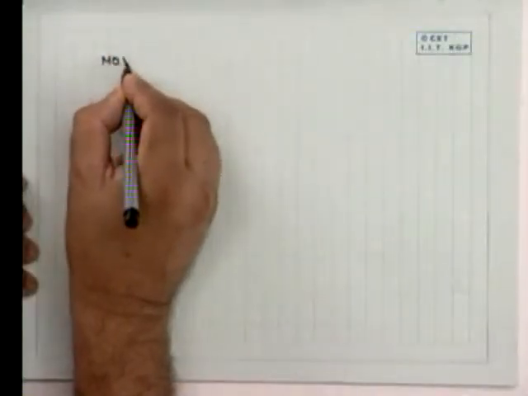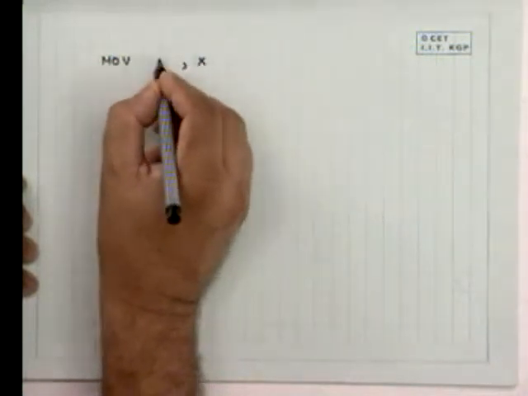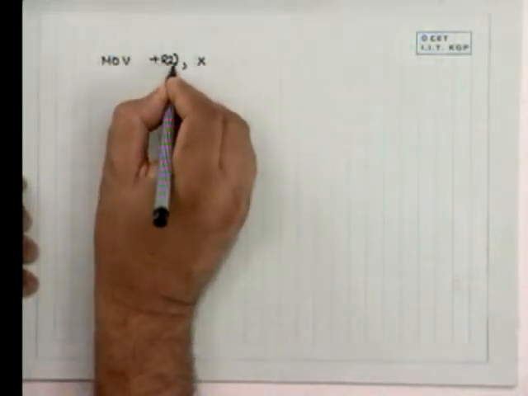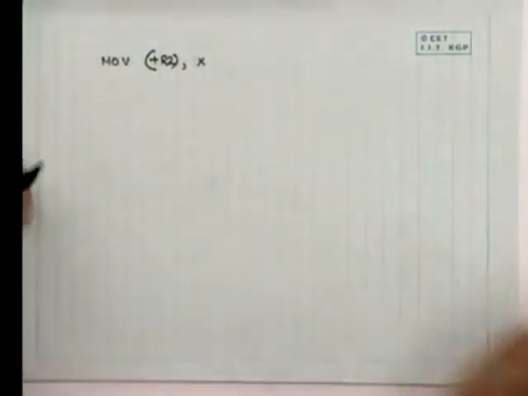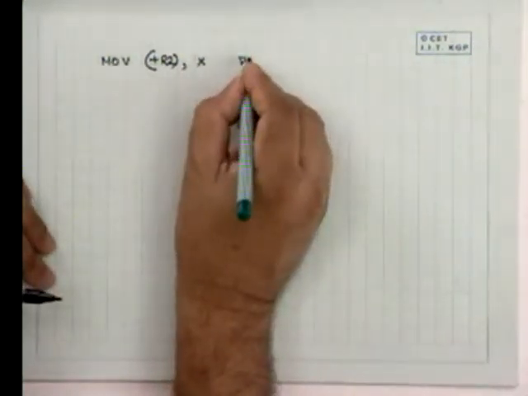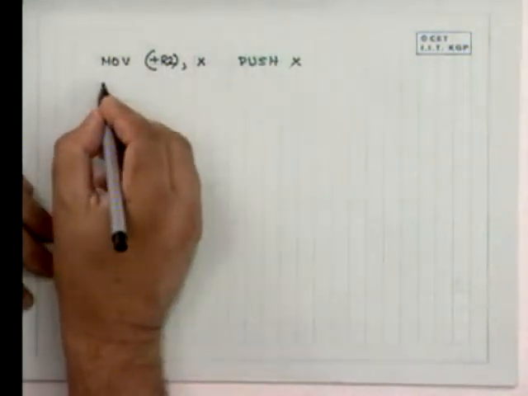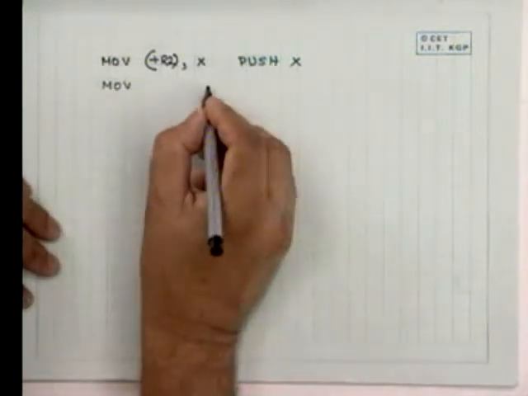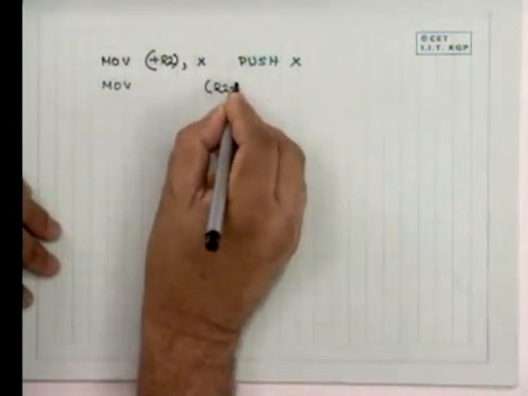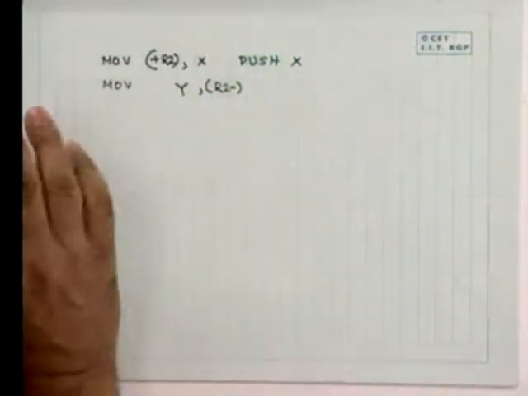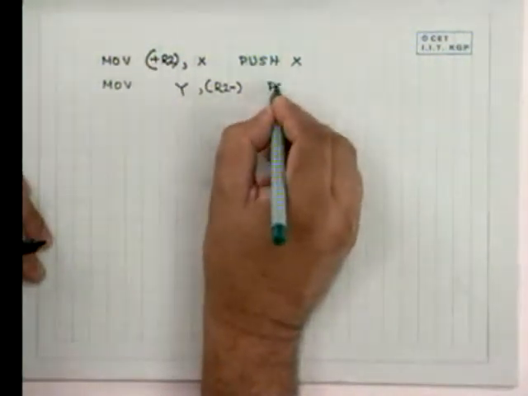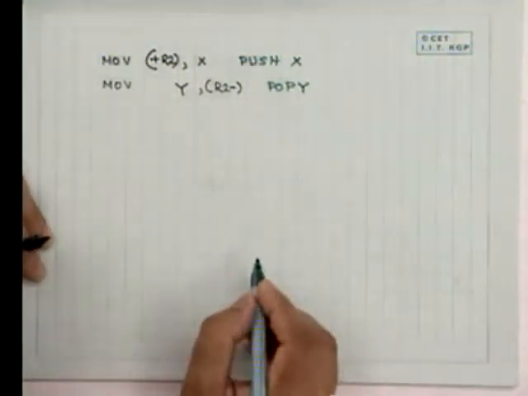For example, if we say move X2 plus R2, that's equivalent to our push X operation. Similarly, if we say move R2 minus to Y, that is equivalent to say pop Y instruction.